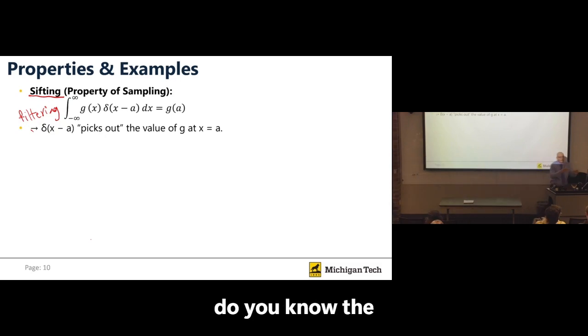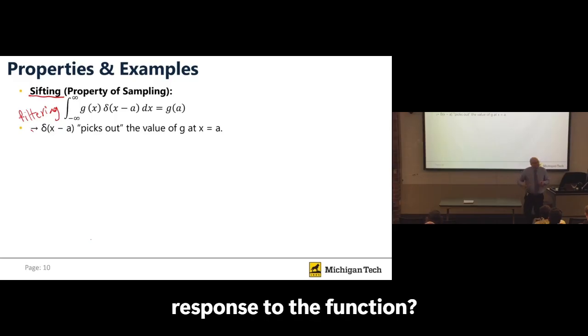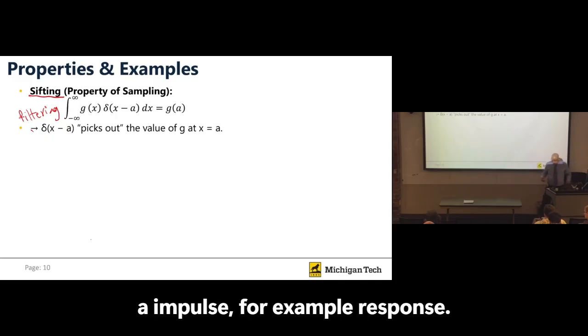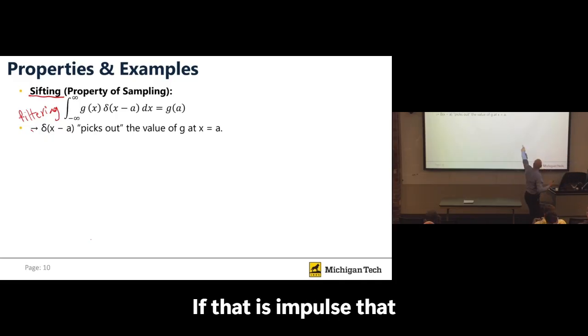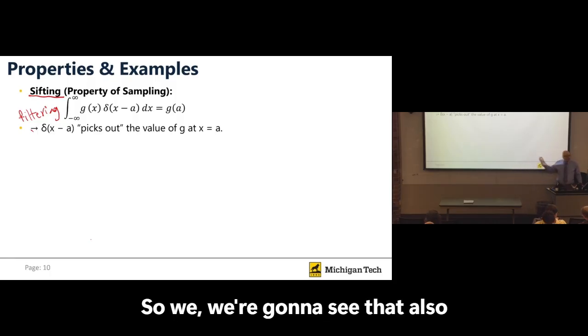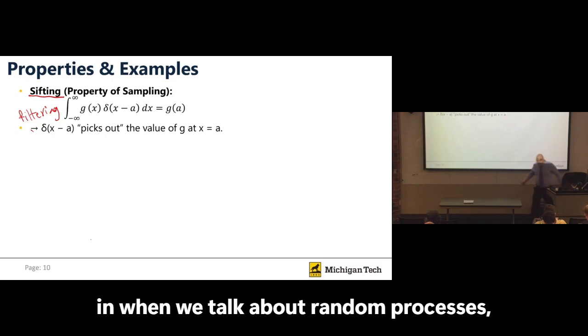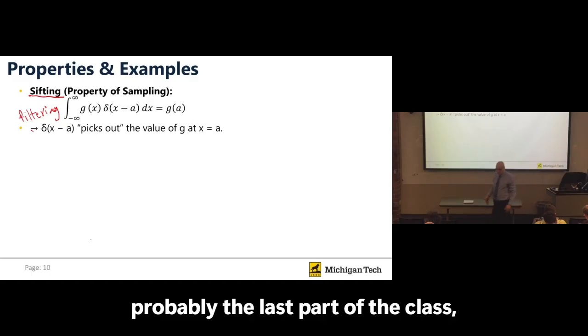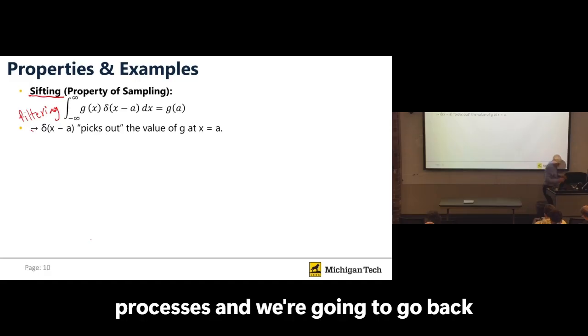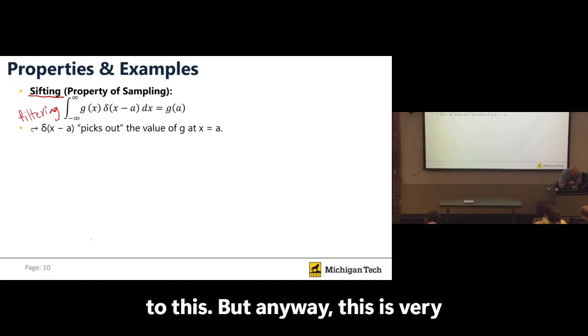Do you know the convolution is a kind of response to the function? So we call it the impulse response, if that is an impulse. We're going to see that when we talk about random processes, probably the last part of the class, and we're going to come back to this. But anyway, this is very similar to convolution.